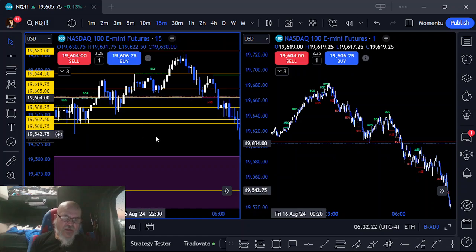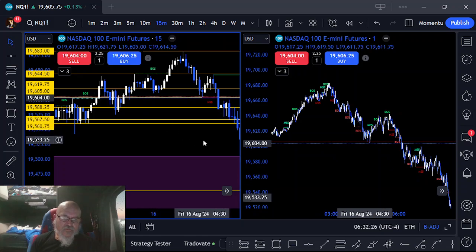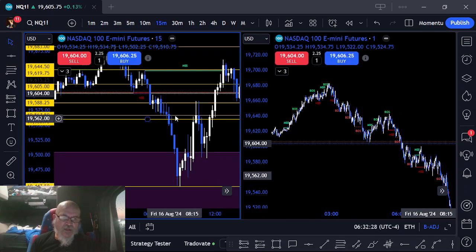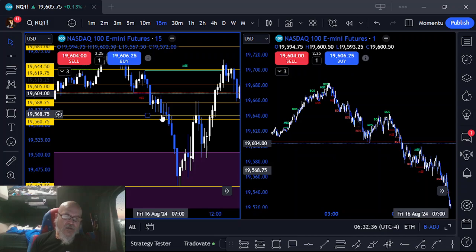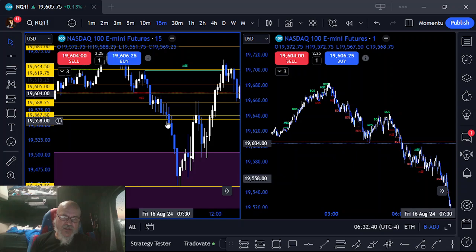So as soon as we come in at 7 o'clock and look at our computer, we're playing right in that area and we break the Asian low.